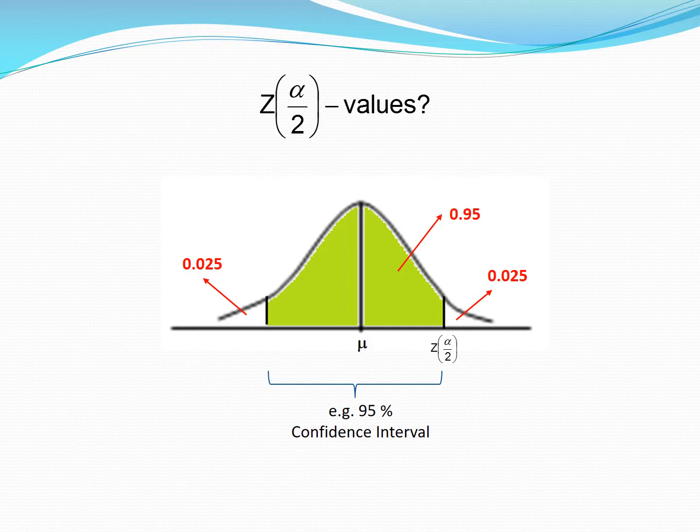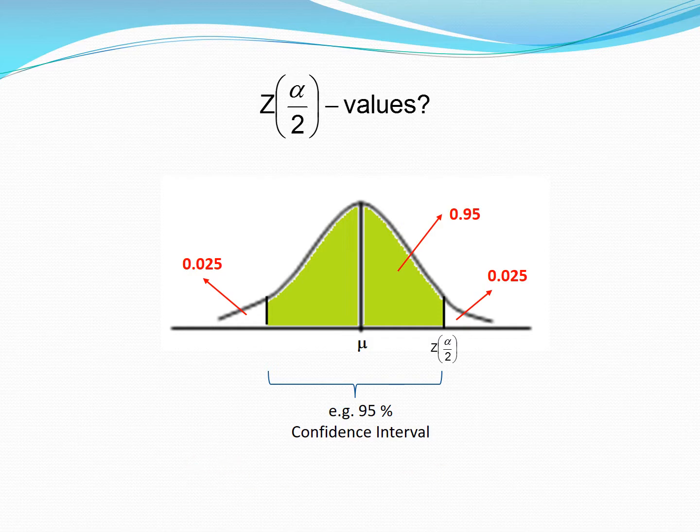Because the normal distribution curve is symmetrical, it means that 2.5% of the time it will be below the lower limit, and 2.5% of the time it will be above the upper limit. But reading off your Z values from your Z table, as we saw last time, we look at the area to the left of a positive Z value. So that means it will include this whole area under the curve.